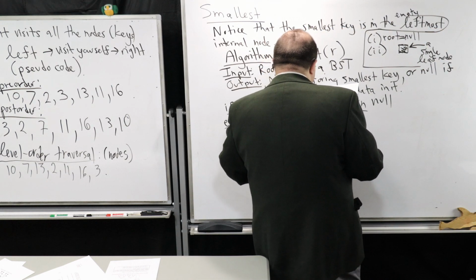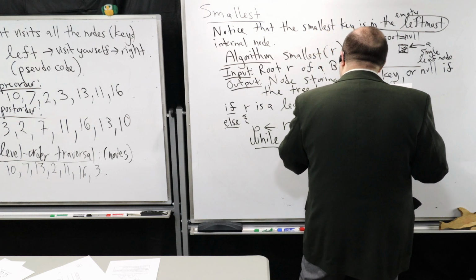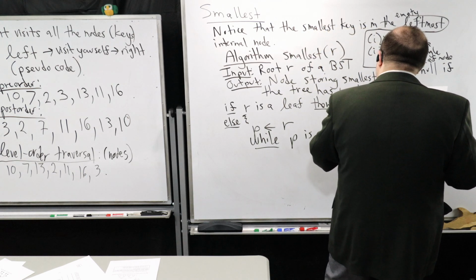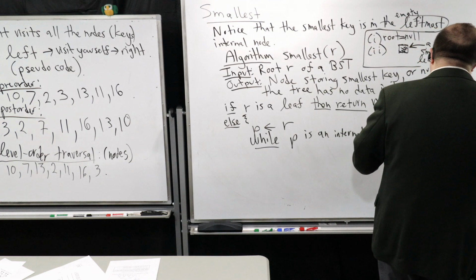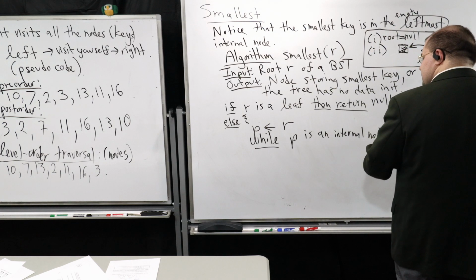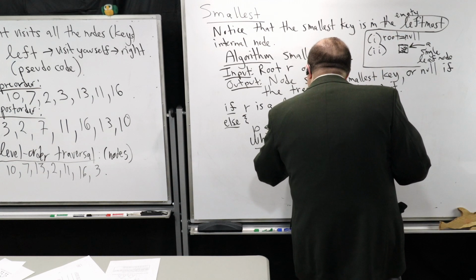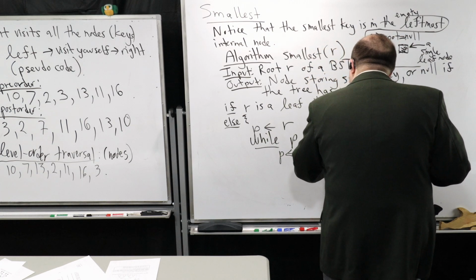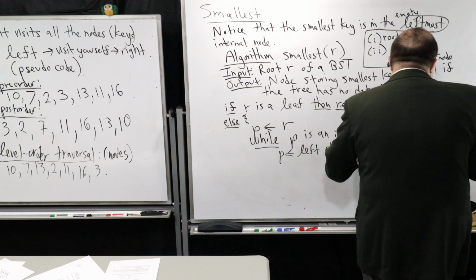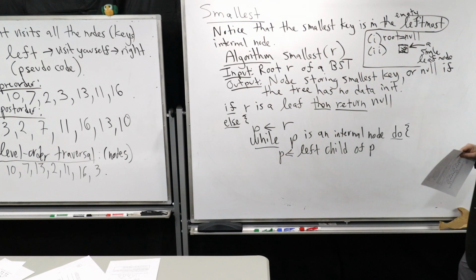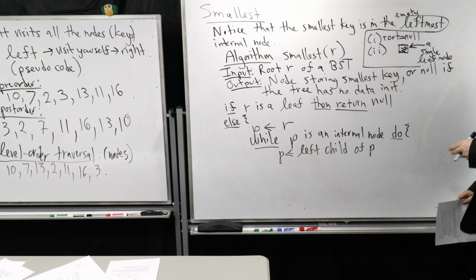I'm just going to go while P is an internal node, we're going to do the following. I'm going to assign P to be the left child of P. So I get its left child, and I reassign that to be P.